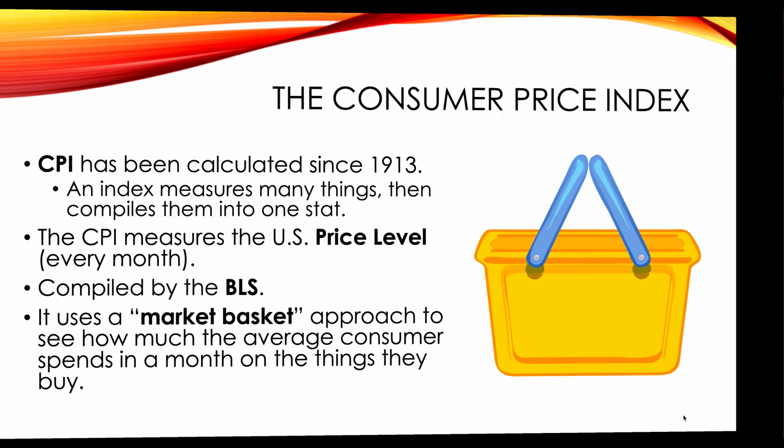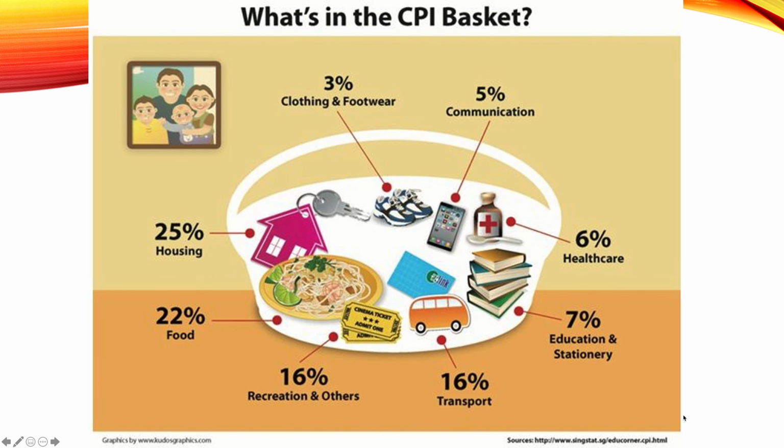So this is a breakdown of what's in this basket. Again, it's not a physical basket, it's just an imaginary way of thinking about things consumers buy. They weight the categories of these different things differently because consumers spend more of their money on something like housing. So 25% of the CPI basket is the cost of housing, whether it's rentals or mortgages, things like that. Food, that's a big one.